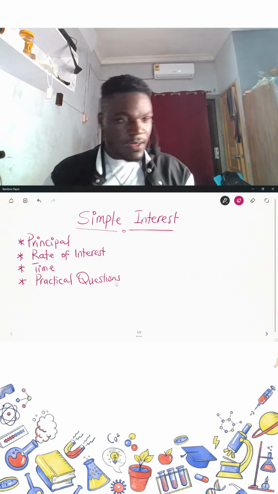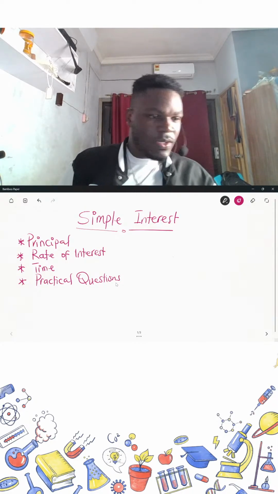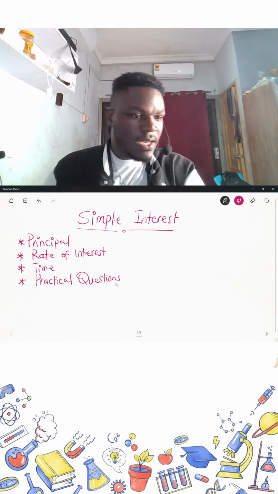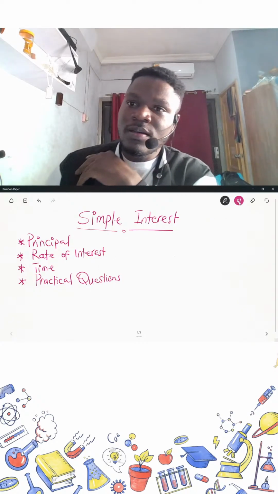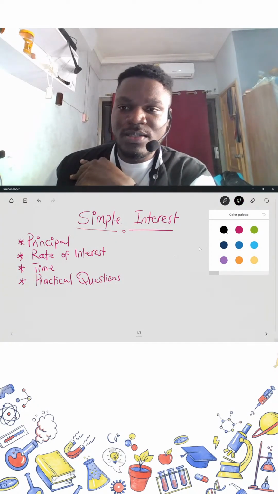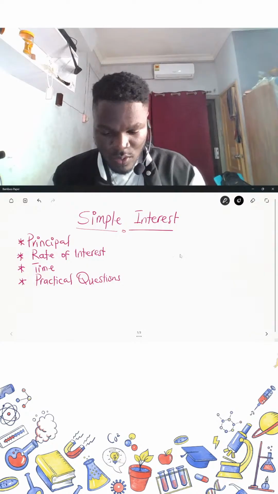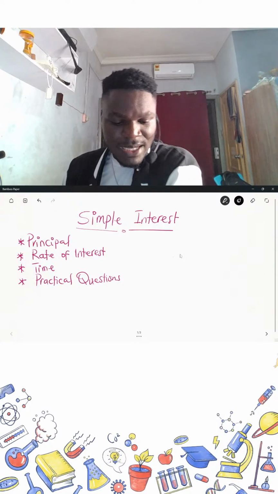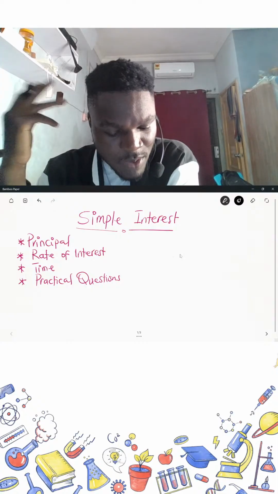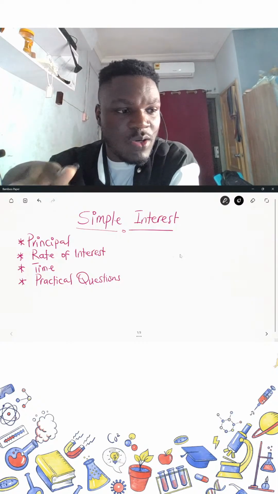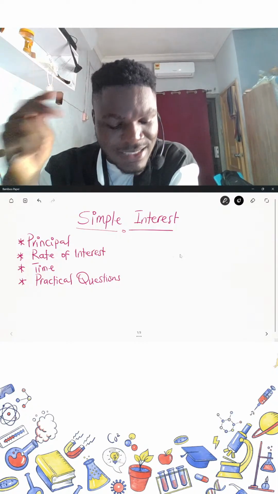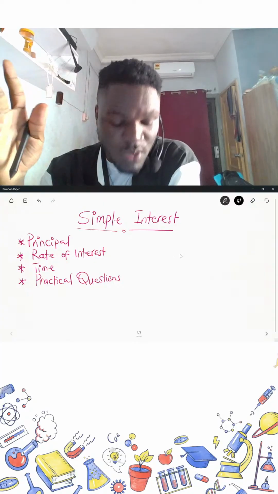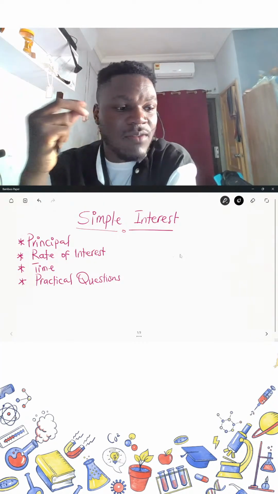I think at this point we can begin, and others can join us as we go. When we talk about simple interest, we are saying this is a method to calculate the amount of interest charged on a sum of money at a given rate for a given period of time.